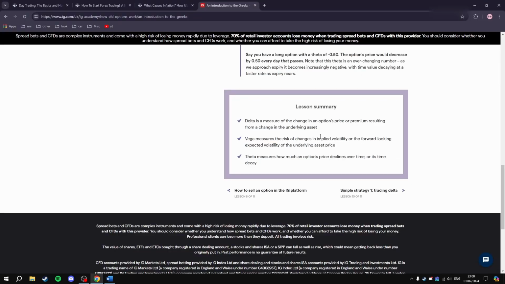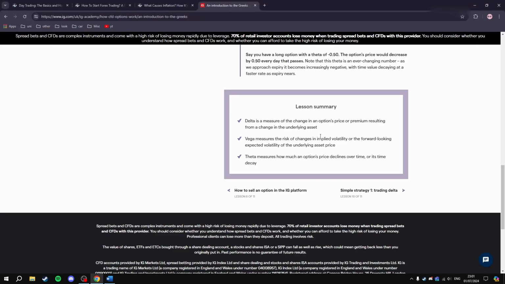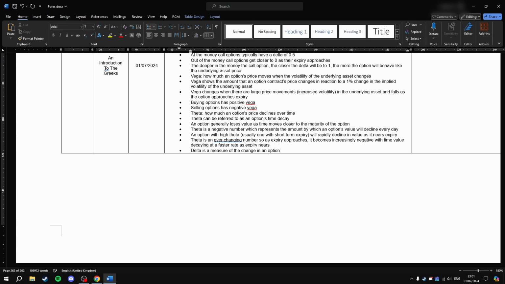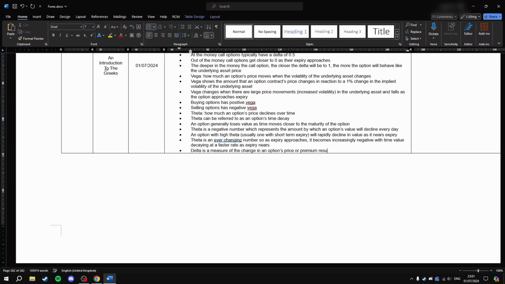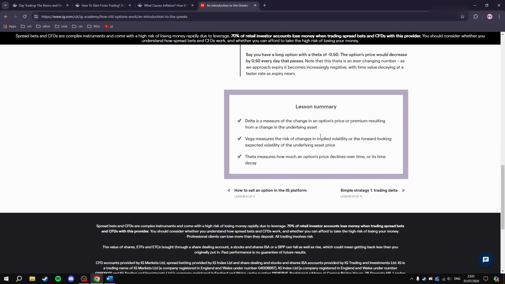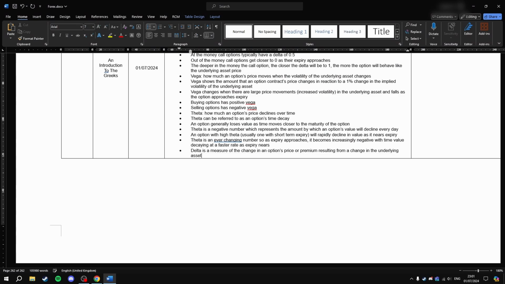Summary. Delta is a measure of the change in an option's price or premium resulting from a change in the underlying asset.